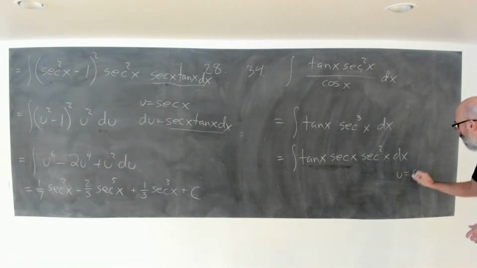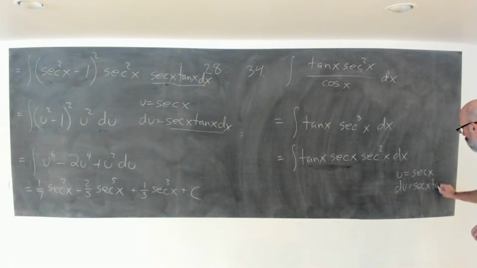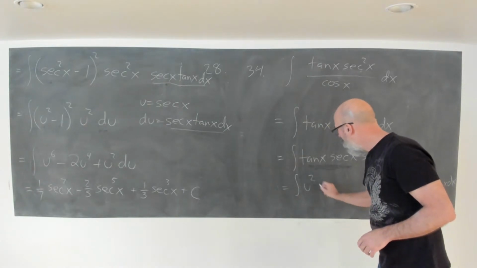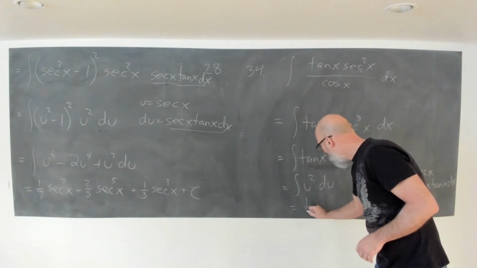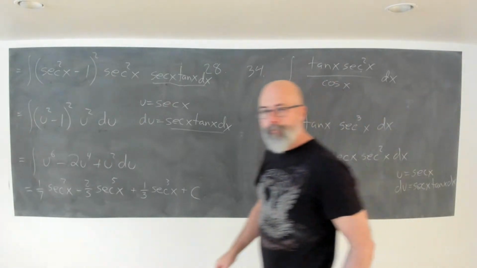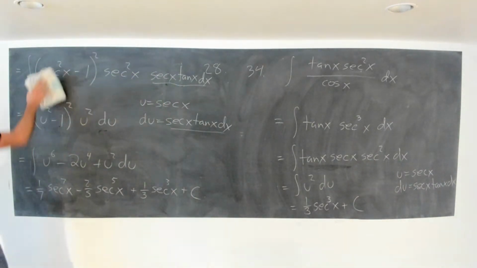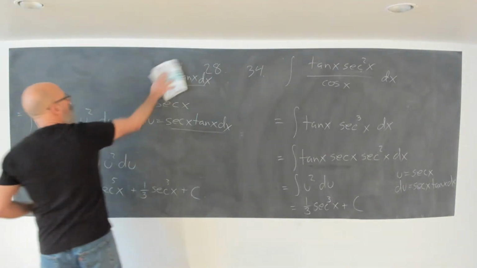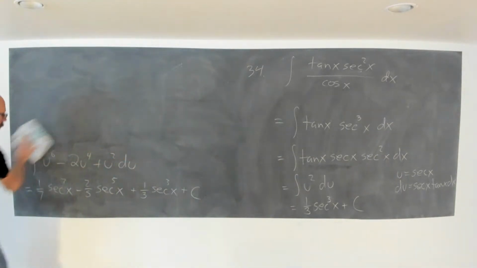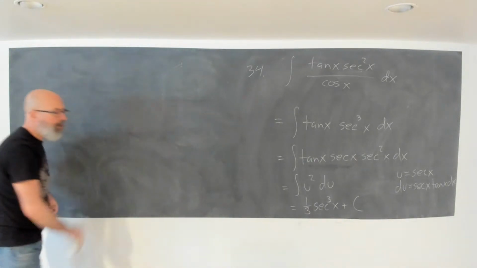Simple u substitution. Leaves you with the integral of u squared, or 1/3 secant cubed. So you see what's happening, right? It's just a question of playing around with the integrand, getting it into a desirable form, and you're good to go.